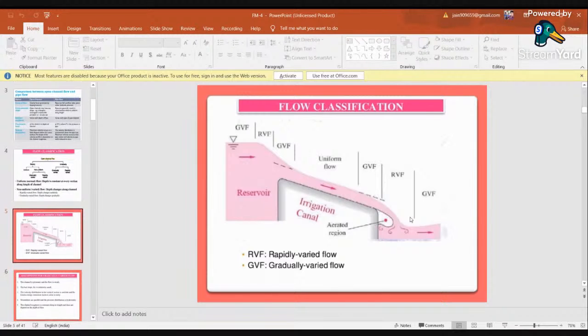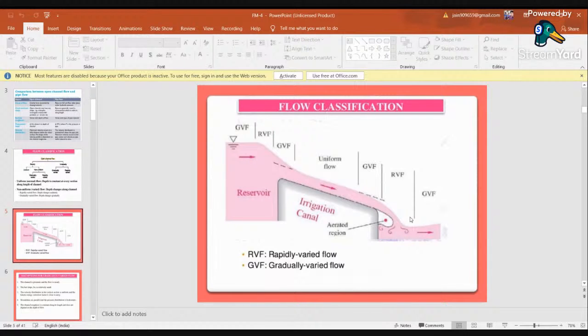Here, it will be clear from this picture that as GVF and RVF profiles, when the length of the channel is quite long and the change in the depth of the section is small, it is termed a gradually varied flow.